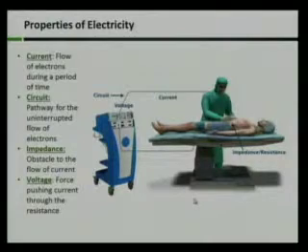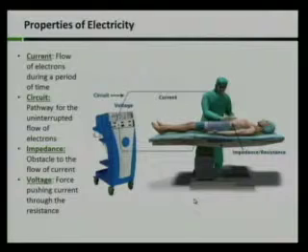These are a few terms I want to define so that we can continue talking about waveforms and different energy sources. Current is the flow of electrons during a period of time or in a circuit, and current is produced when you have movement of free electrons through your conductor within your circuit. Your circuit is the electrosurgical generator.